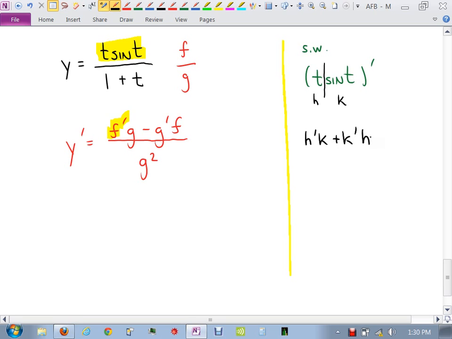So what's the derivative of h? 1 times k, sine t, plus, not minus, right? Derivative of k, cosine t times t. So this is just sine t plus t cosine t. And again, I put that t in front of the cosine so that you don't accidentally think that it's t squared, because it's not. That's just the f prime, isn't it? That's just that part right there.